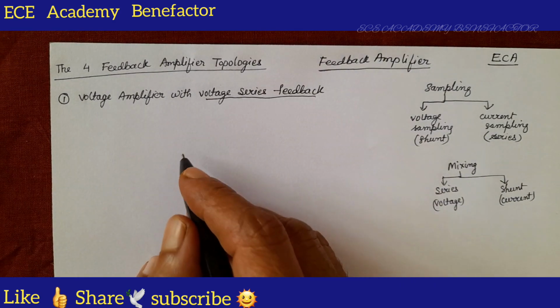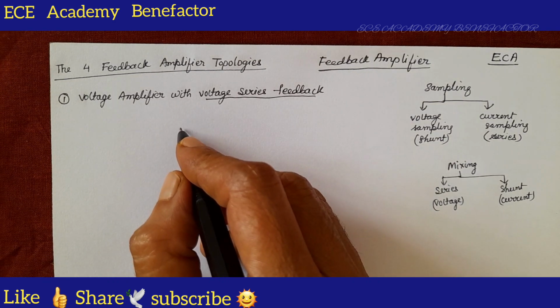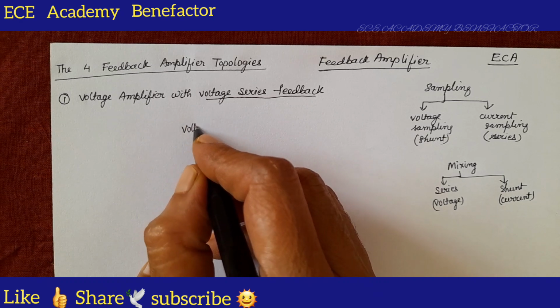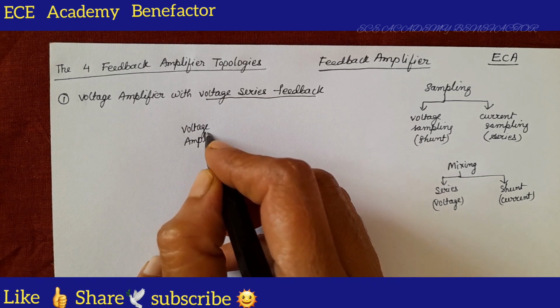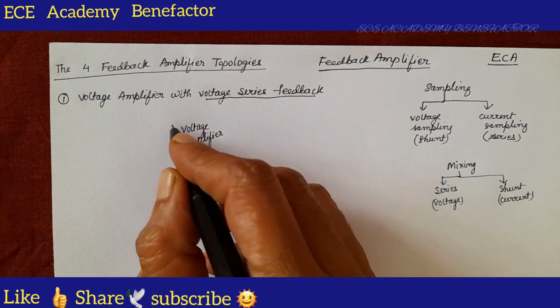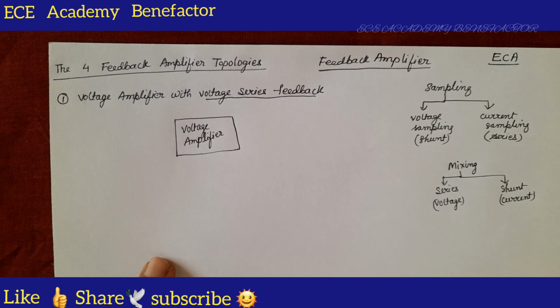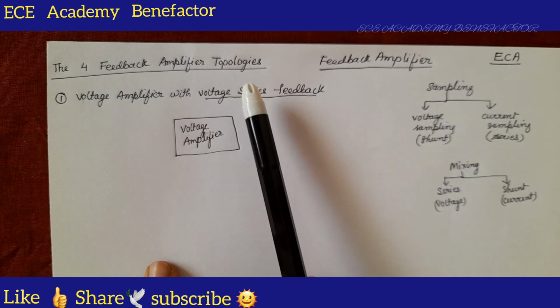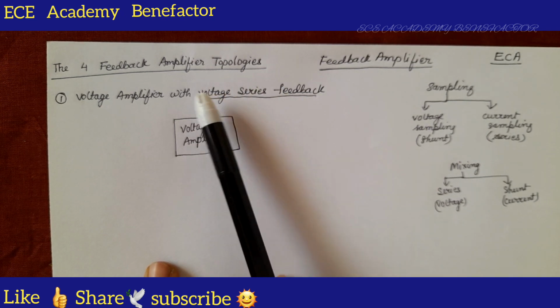For a voltage series feedback amplifier, we need a voltage amplifier as the basic amplifier. There are 4 basic amplifiers: voltage amplifier, current amplifier, transresistance amplifier, transconductance amplifier.